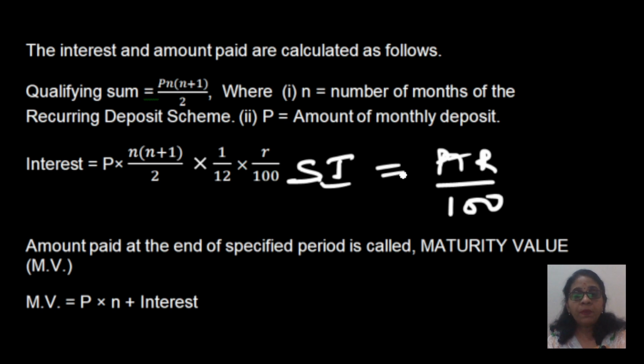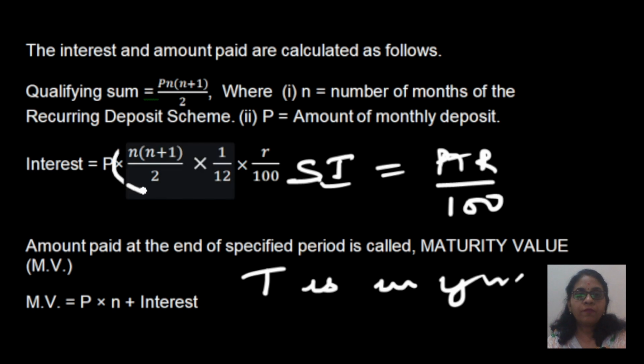Simple interest is PTR by 100 and the same formula we will use to find the interest in RD. Only thing, if you remember, you must have learned that time is in years. Time is in years. So, P is P, T is for a period of n months.